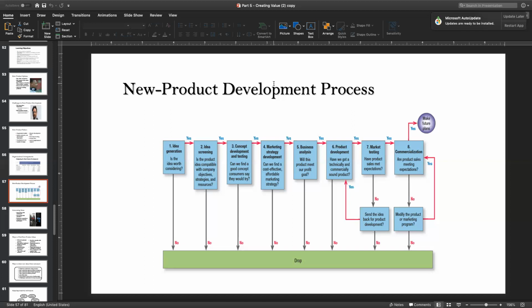After the concept development is where marketing strategy development comes into the picture. It's where your 4P mix gets developed, and then comes the business analysis. This is where it will be determined if the product meets the profit goal. Many times there will be scenarios where everything looks awesome, but the market is in a state that the profits may not be as high.